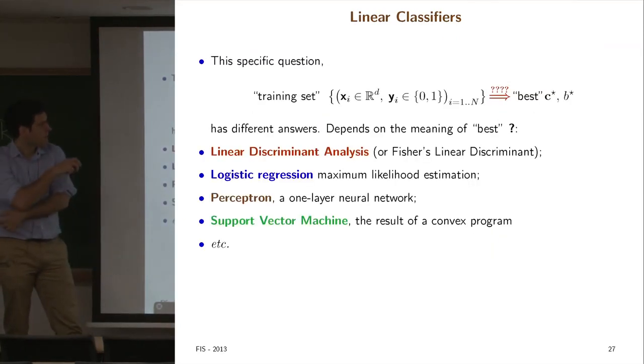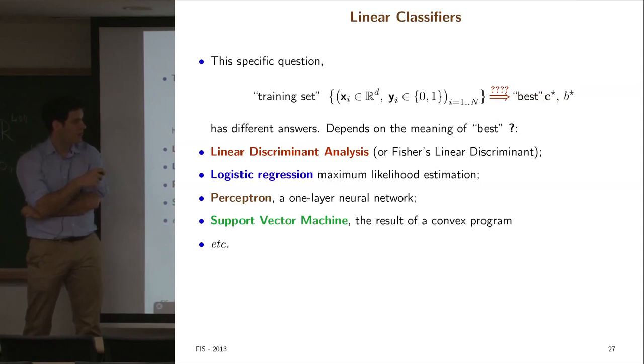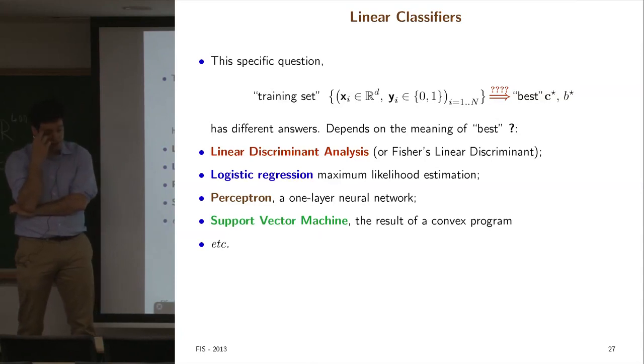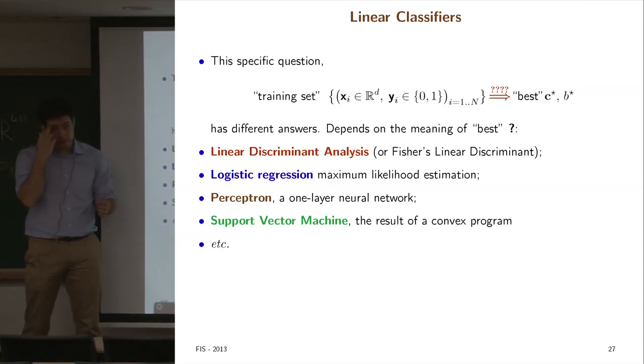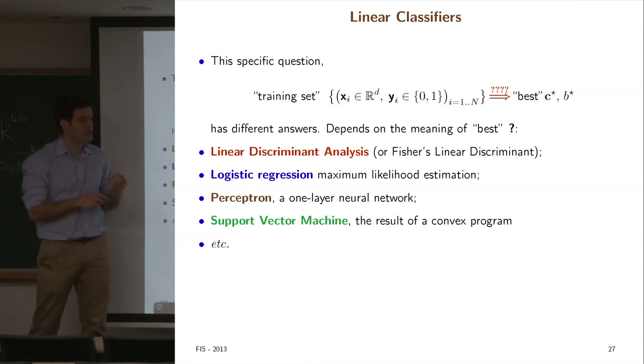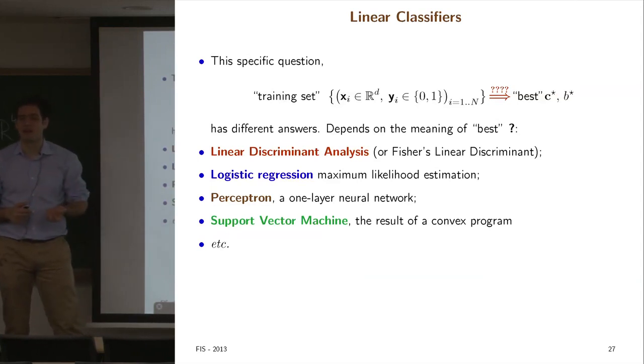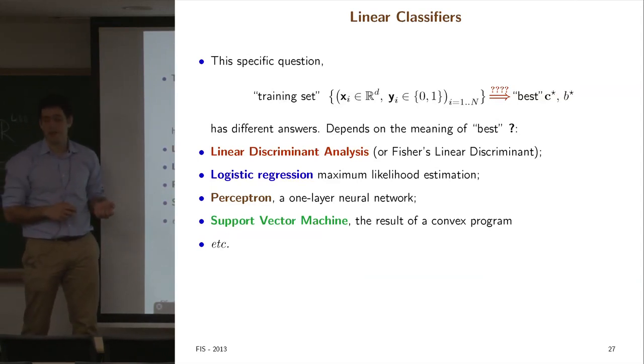So again, this specific question: given a training set, so points in RD, and then labels, 0, 1, or minus 1, 1, etc., how can I find the best C star and B star to define this cut of the space?